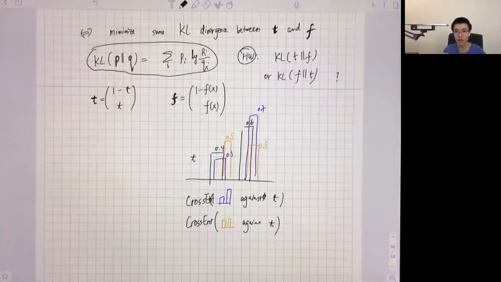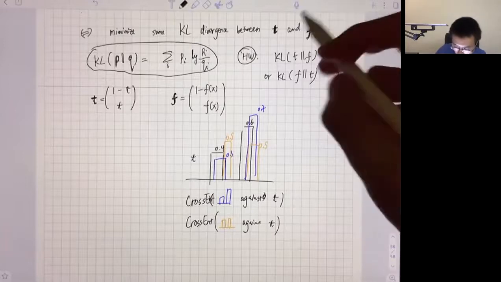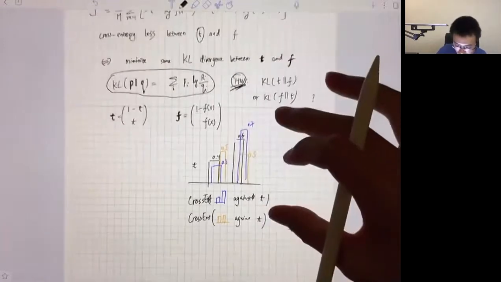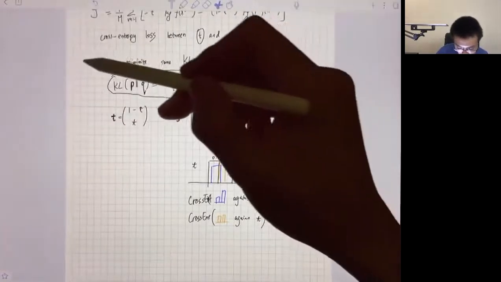And what is its implication on training with the KL divergence? How is your learned model compared with your true model? This is homework. So I'm not going to give the answer now.